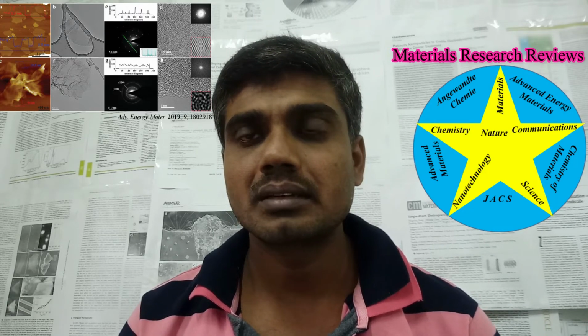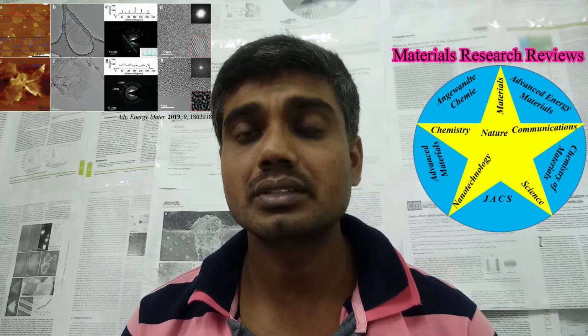The AFM image shows the defect-free graphene height plot is around 1.5 nanometers. You can see the image, and they compare with the reduced graphene oxide, which shows around 12 nanometers in the height plot.